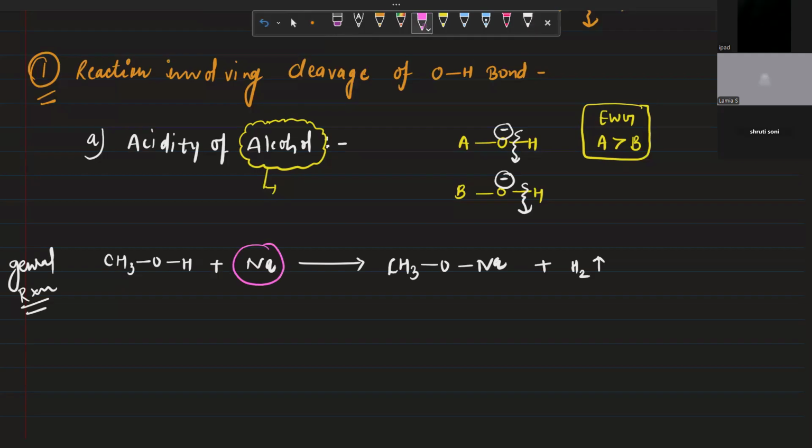What is the valency of Na? Na is what sort of element? Sodium. So what is the valency of sodium?